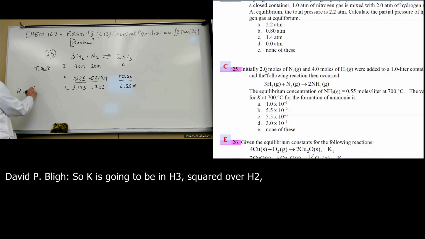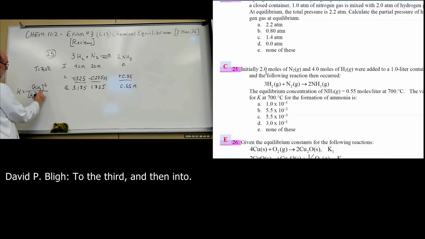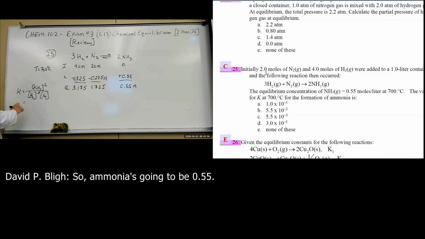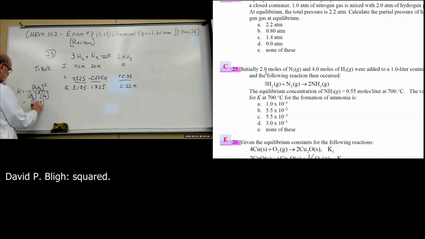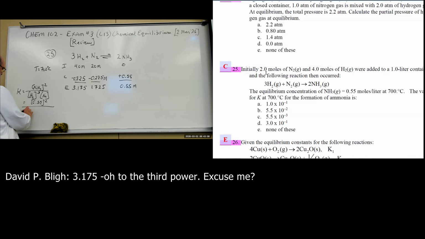So K is going to be NH3 squared over H2 to the third, and then N2. So ammonia is going to be 0.55 squared, and then hydrogen is, as is, 3.175, to the third power, excuse me.